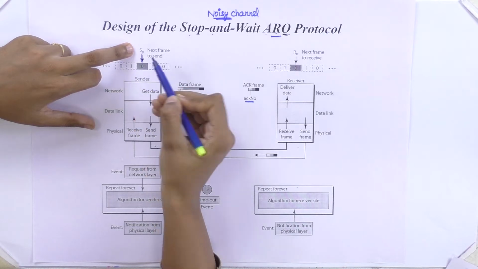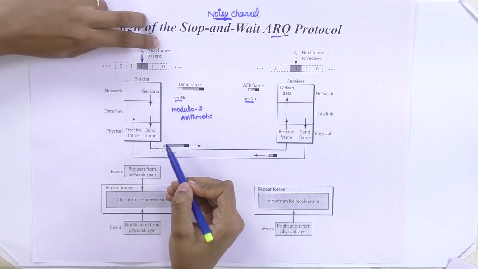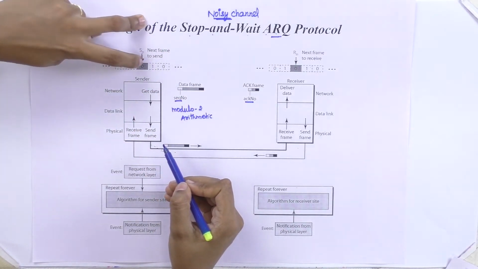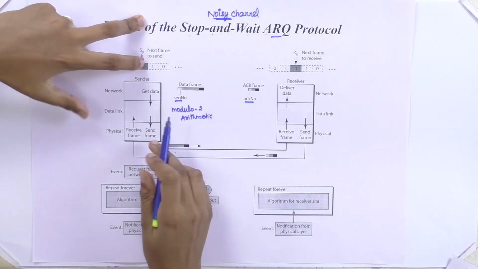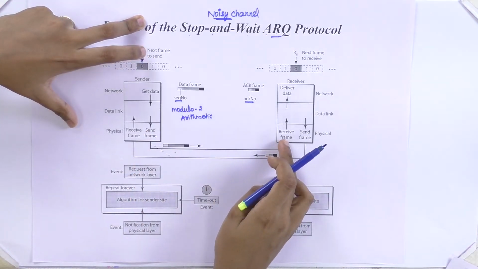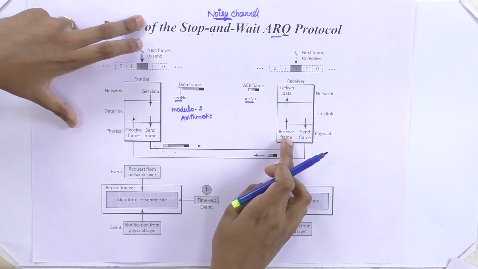SN points to the next frame to be sent. So now I have to send this frame, and I am sending this frame to my receiver.